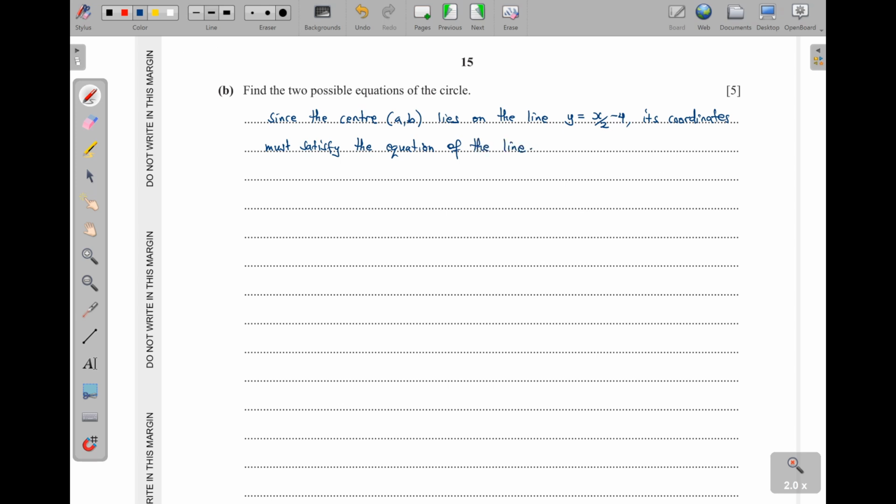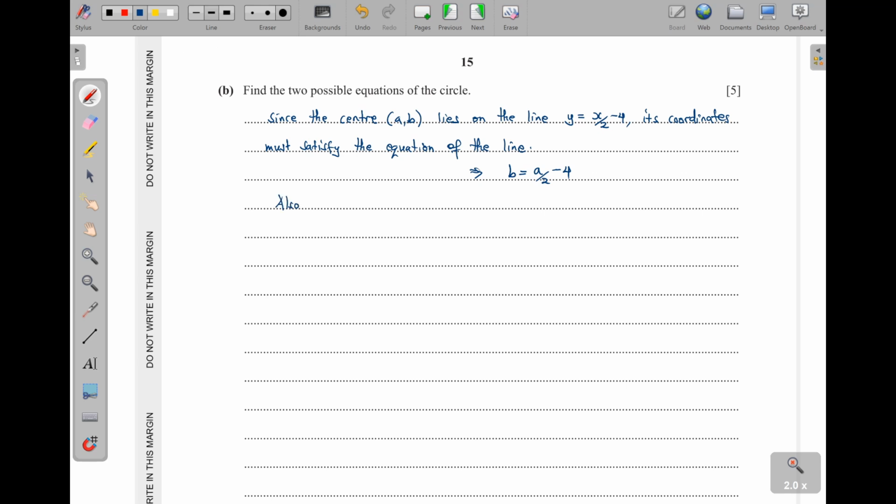So y is going to be the b, then the a in here. This simply implies that b is going to be equal to a/2 - 4.